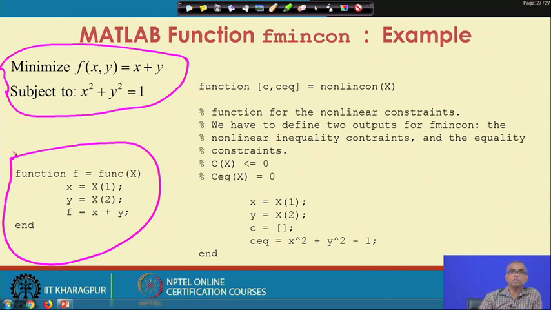You have to write the function file in this format: function f equal to. I have given the function name as func. You can give any name you want, say my function, etc. X is the decision variables. So, they are the trial vectors for the solutions.